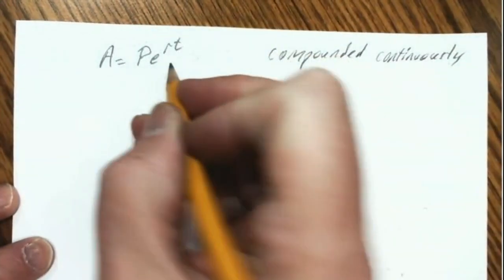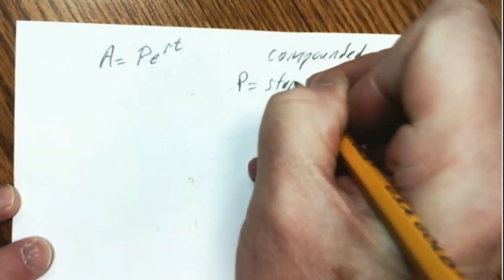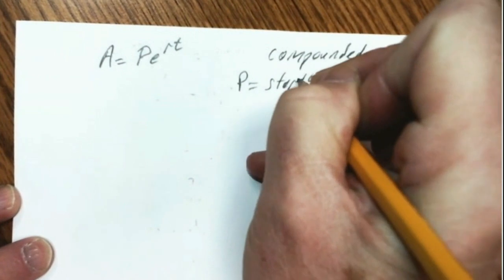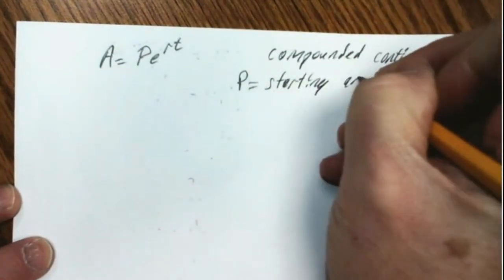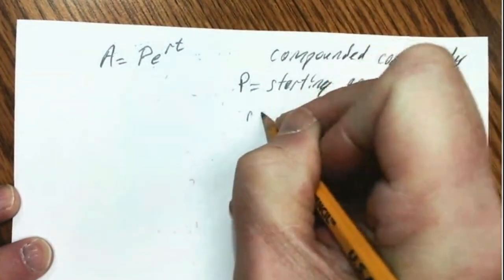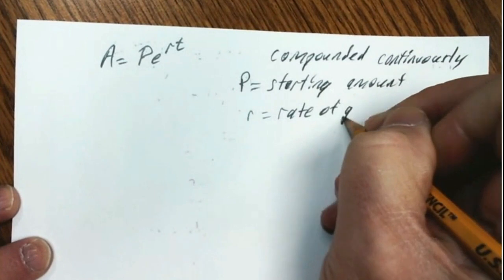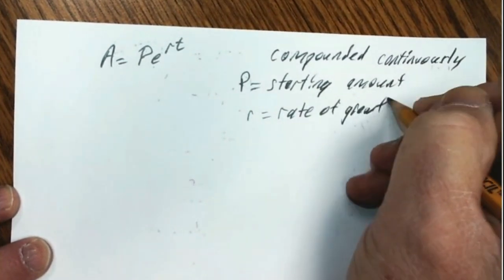This is the formula used, and the P is still the starting amount. The rate R is the rate of growth. Again, it's a decimal.